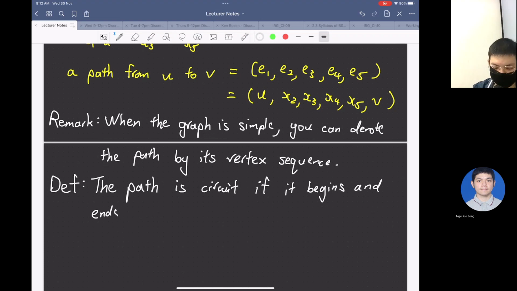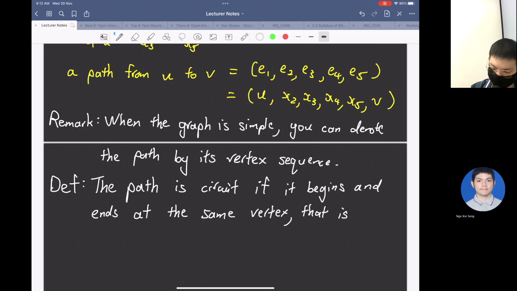Because a loop we define as a length one path at the vertex. But a circuit could be longer.